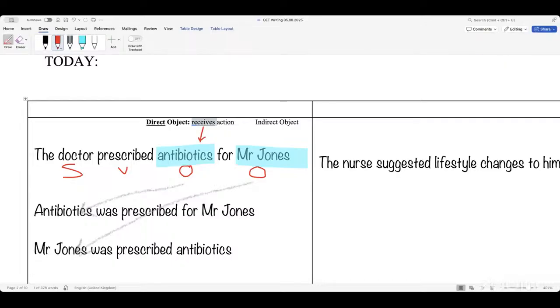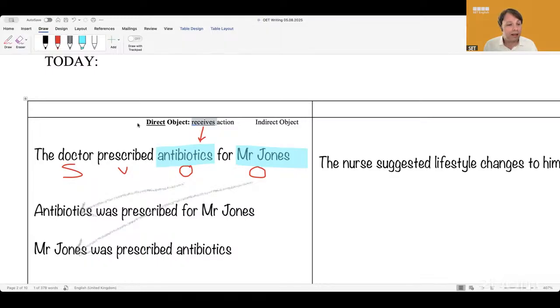To get. To obtain it, right? It comes to you. So this is the idea of the direct object. It receives the action. I think we all understand this, but what is an indirect object then?